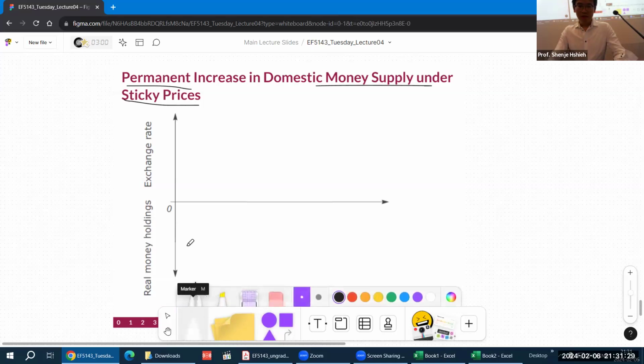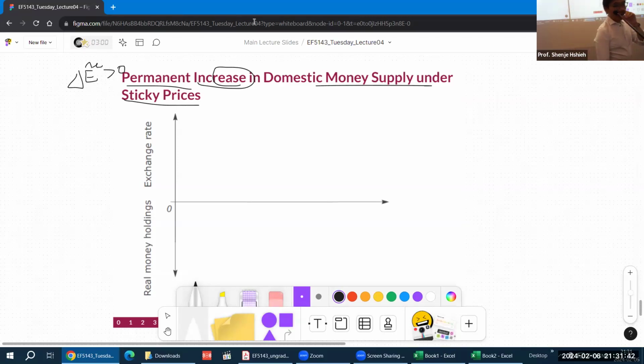So permanent means here now, because it's an increase, that delta E hat E is positive, right? If I believe that the central bank is going to, for example, monetize their debt permanently, removing their debt in the markets, then there's going to be a large sum of cash being injected into the system permanently.